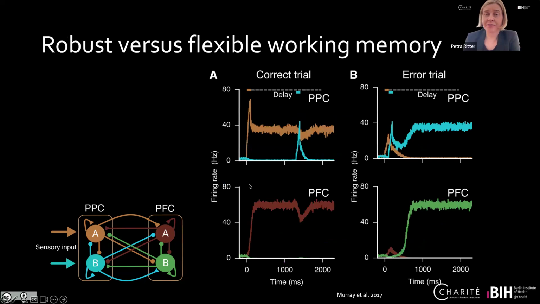Again, some illustrations from the work of Murray et al., who have looked at the circuit model in isolation in detail. And here they are looking at the capability of the circuit model to mimic working memory. So we have talked about fluid intelligence, which means the capability of thoughtful decision-making.